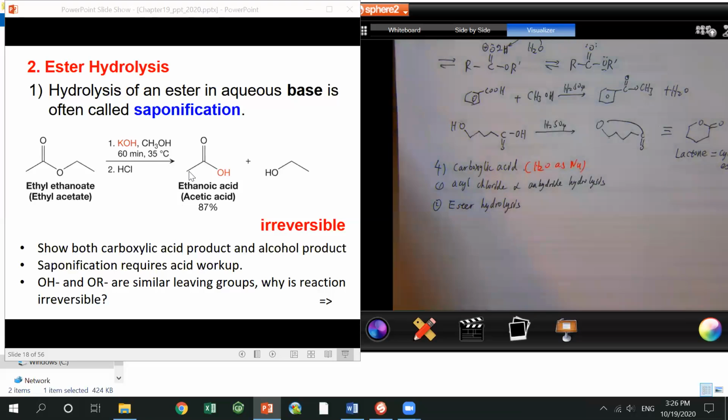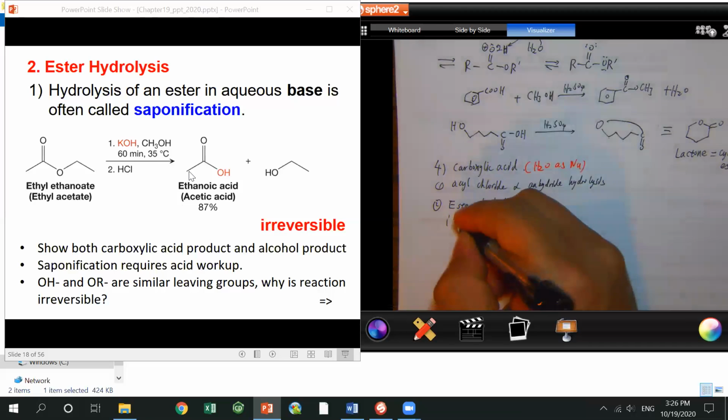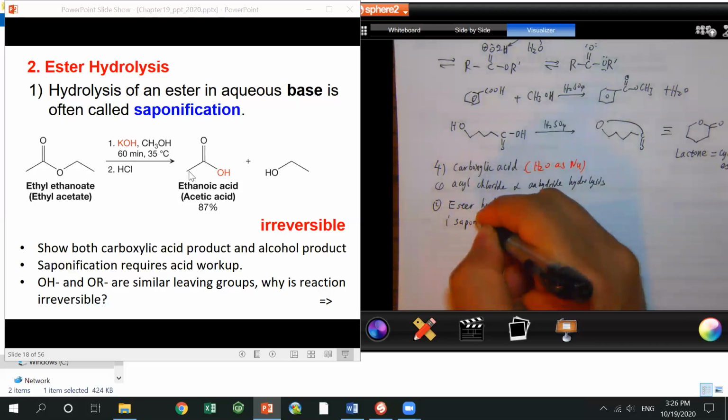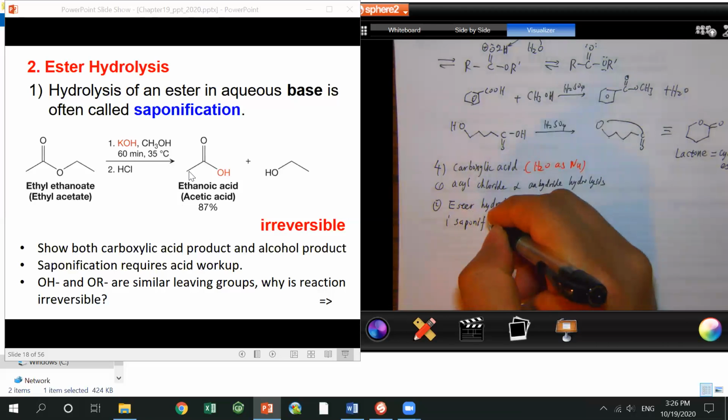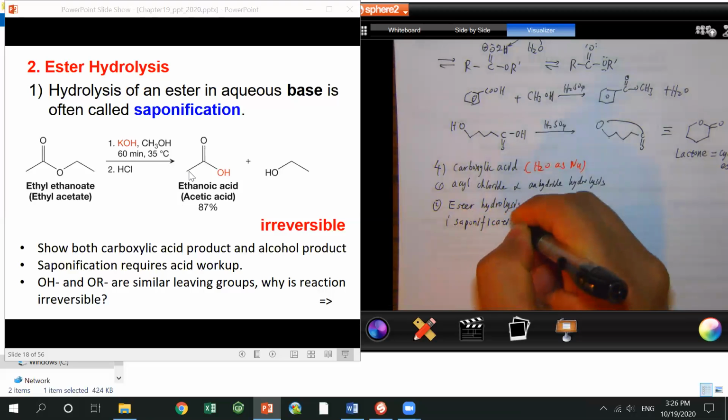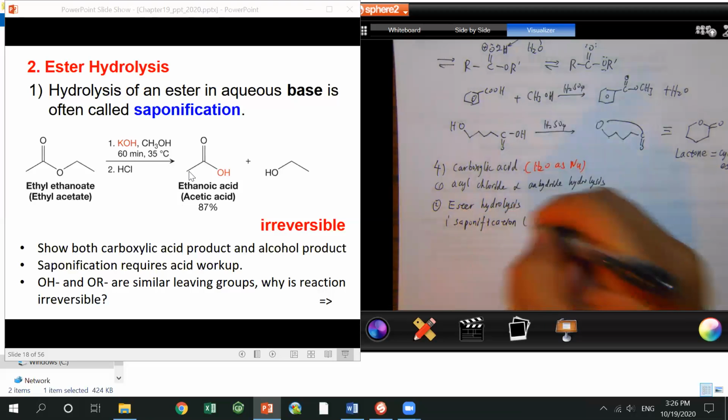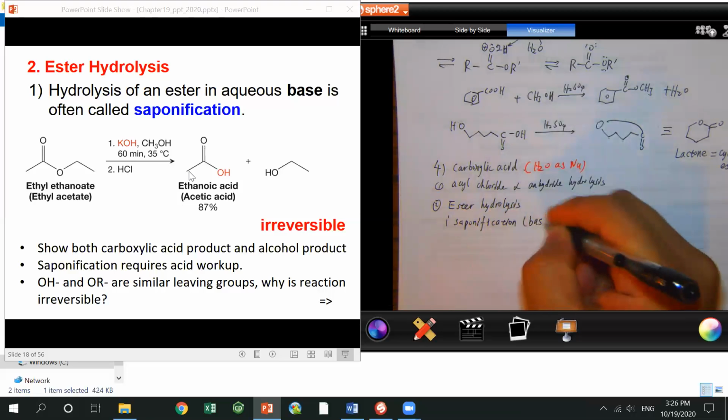This reaction has a special name, called saponification. So that's the basic conditions.